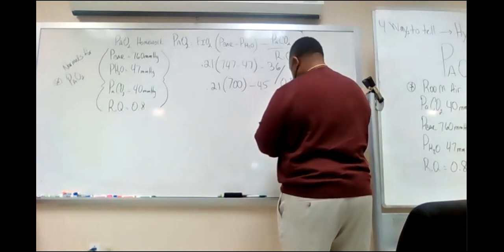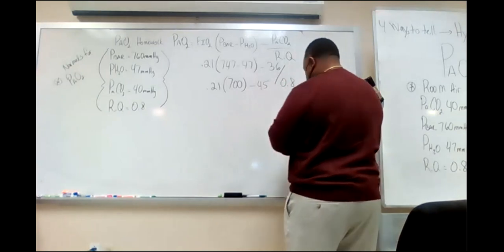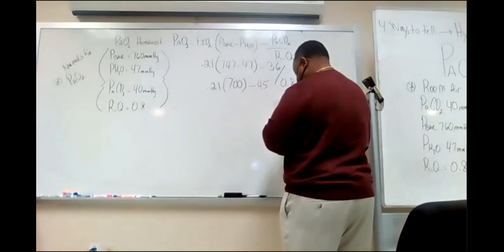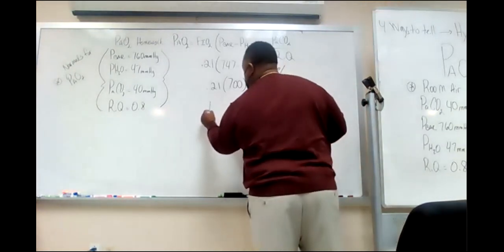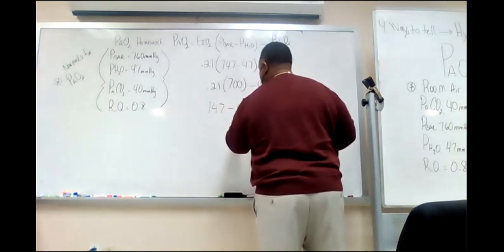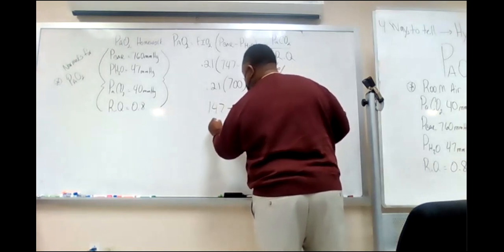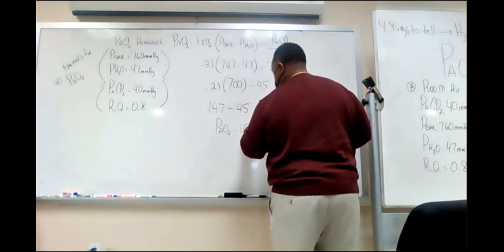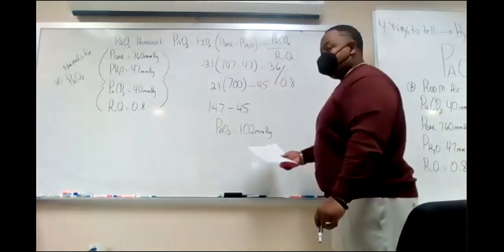All right. 0.21 times 700 equals 147. So 147 minus 45. That gives us a PAO2 of what? 102. 102 millimeters of mercury. That's number one.